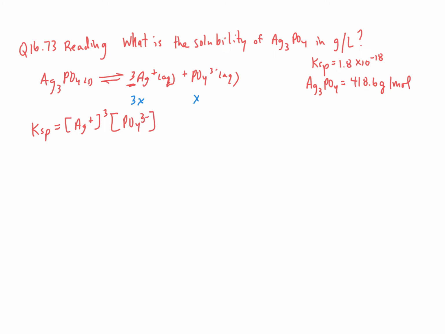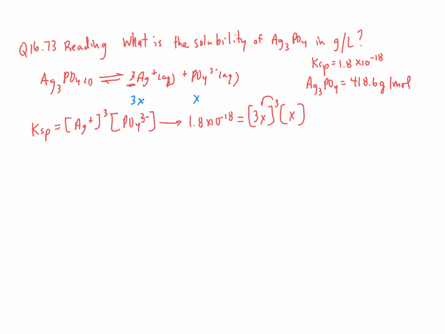So now to solve for our concentrations, we'll plug in our Ksp, 1.8 times 10 to the minus 18, and we'll plug in our values for silver and for phosphate. So silver, we're going to call 3x, and phosphate is just simply x.